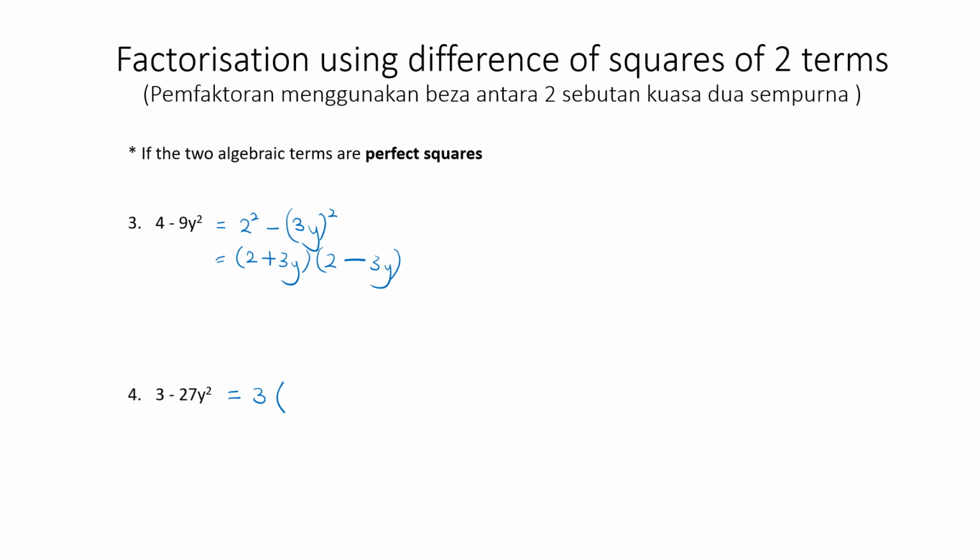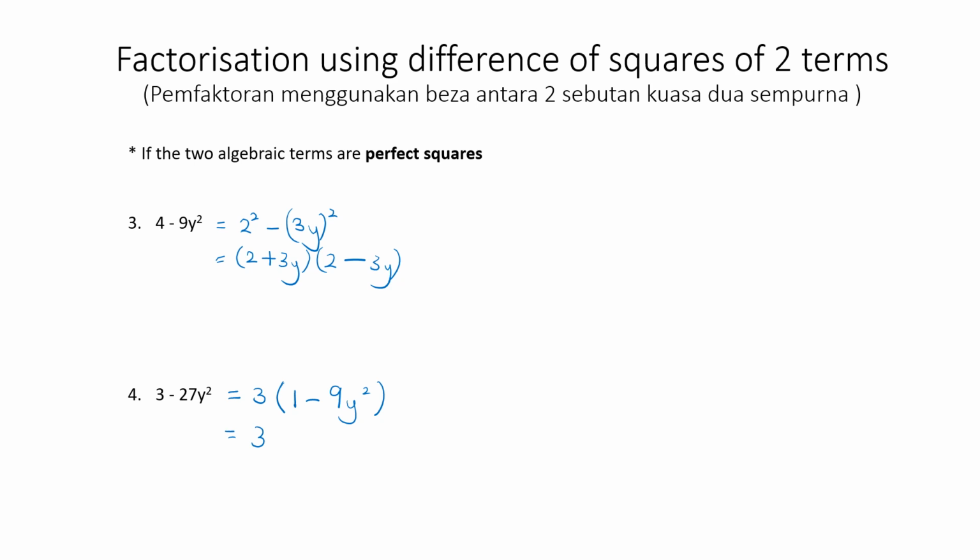So the HCF for 3 and 27 is 3, and then the remaining is inside. So 3 multiplies with 1, you will get 3. And to get negative, this is minus. 3 multiplies with 9, you get 27, and then y squared. After that, only then we do factorization for the bracket, which is 1 minus 9y squared.